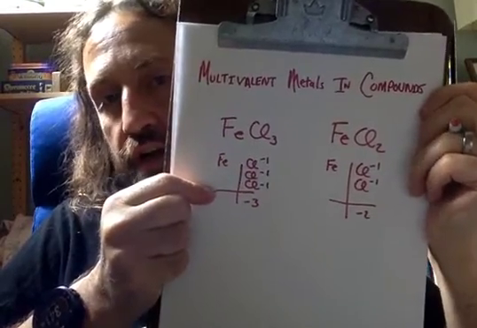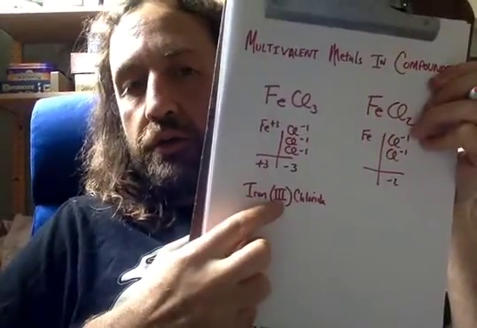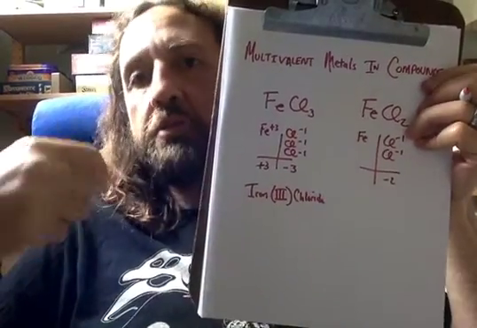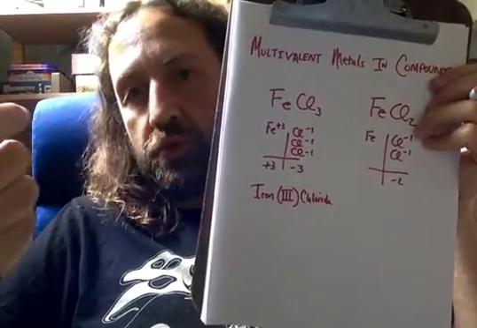In this case, the iron would be +3, and so that's going to be iron 1, 2, 3 chloride. Iron 3 chloride. Have to have the Roman numeral because it's a transition metal, it's multivalent, it can have more than one charge.